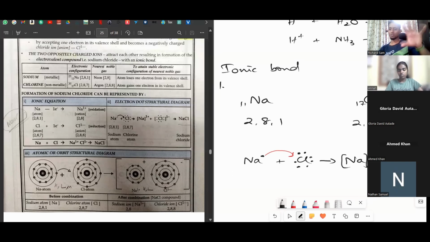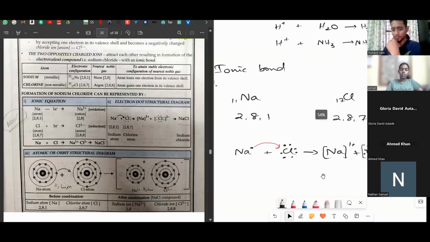So you're showing that outermost electron orbit which used to be there. Sodium doesn't have that outermost electron now. It's gone. So you're not showing any electrons. Chlorine changed from 7 to 8. And they became ions, right? Sodium became a positive ion and chlorine became a negative ion. Then you put one more arrow and you write it as NaCl. That is the name of the compound that is formed. So this is the full electron dot diagram.